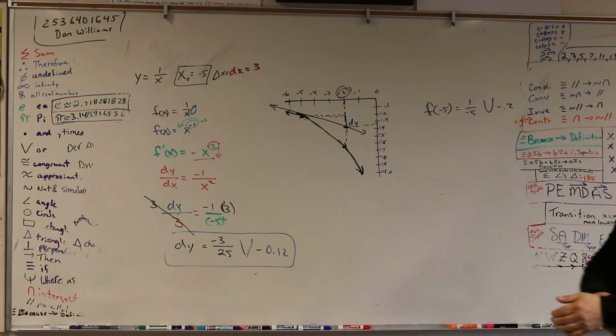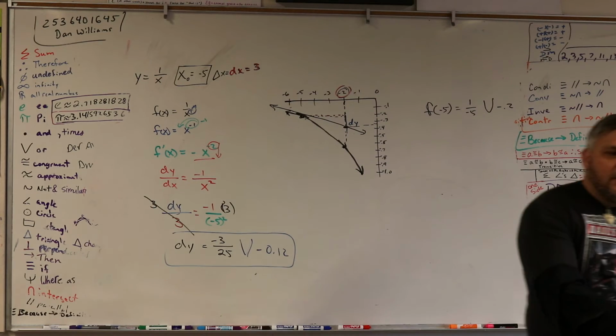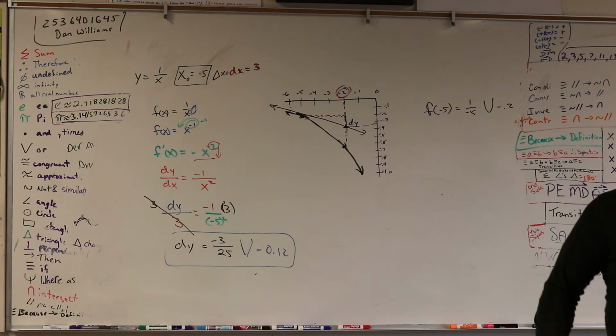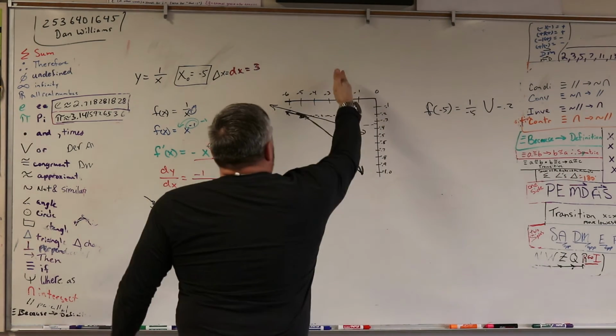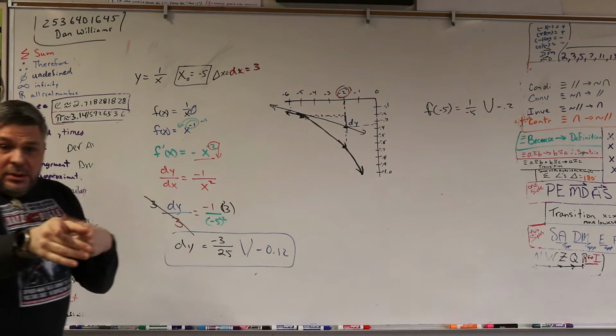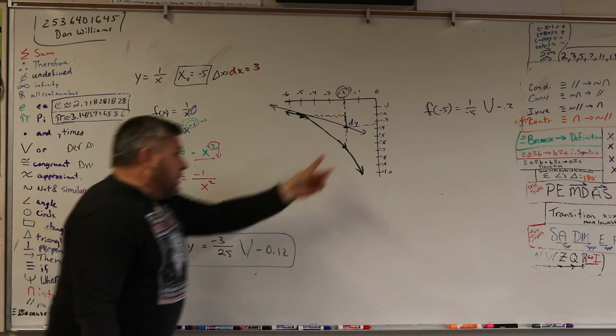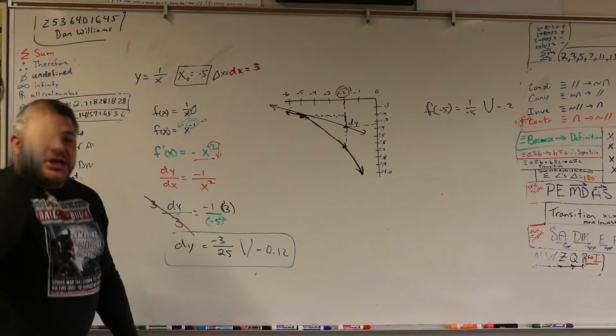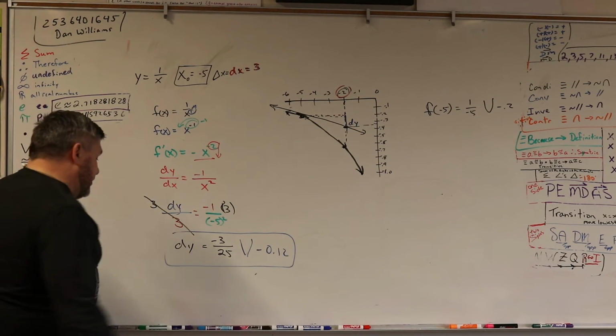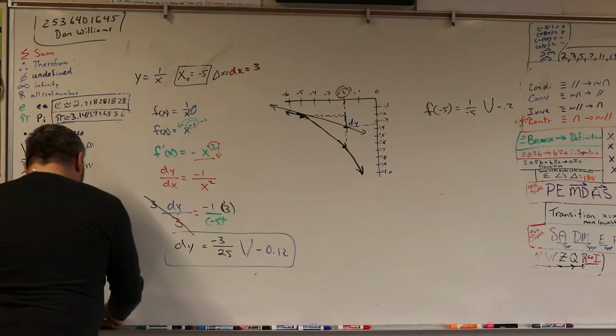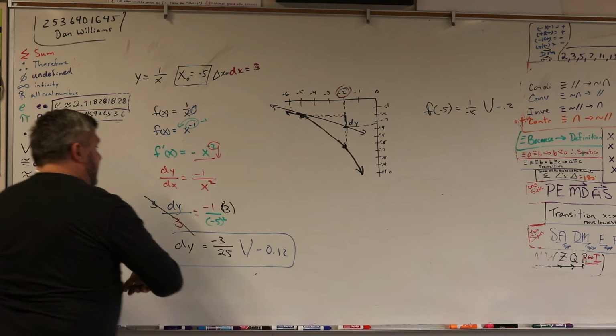Oh! Because when I add 3 to negative 5, what do I get? So that's where we're at. We're at the negative 0.2. And what I need to know, eventually, is we know what dy is, but we want to know the change in y, right? So they want to know the change in y.